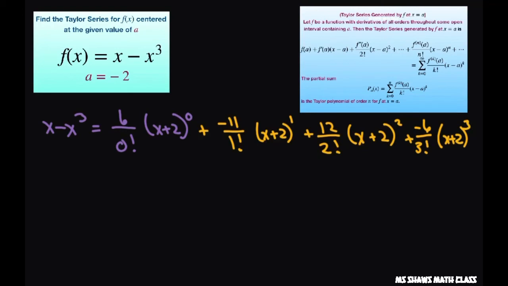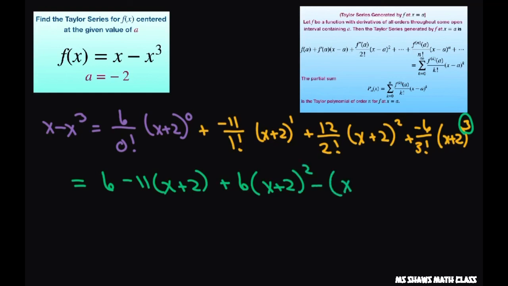All right, so we only can go up to 3. And now let's simplify this. This equals 6 minus 11 times x plus 2 plus 6 times x plus 2 squared minus x plus 2 cubed.